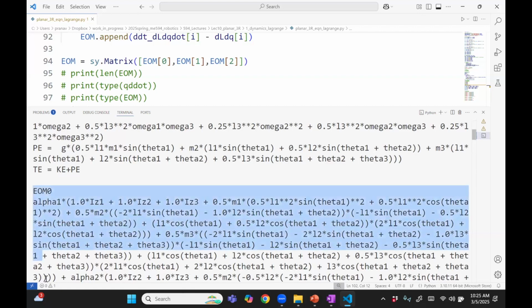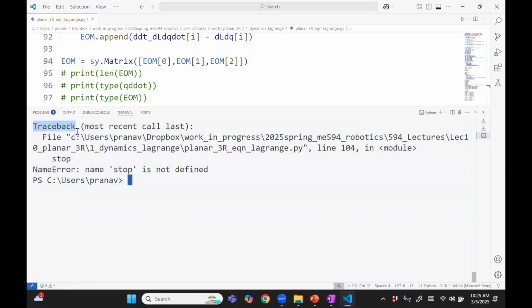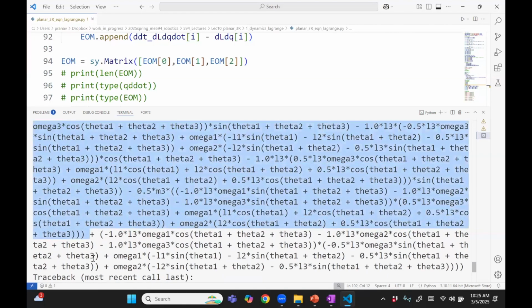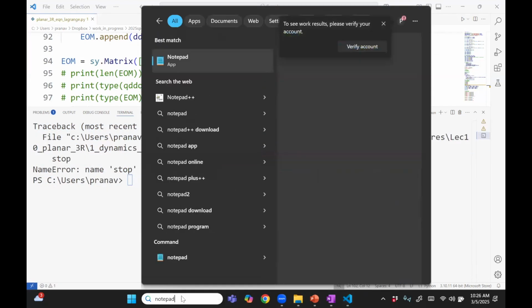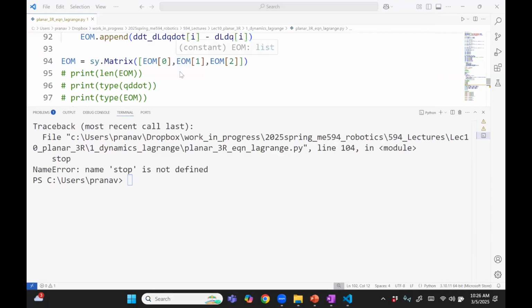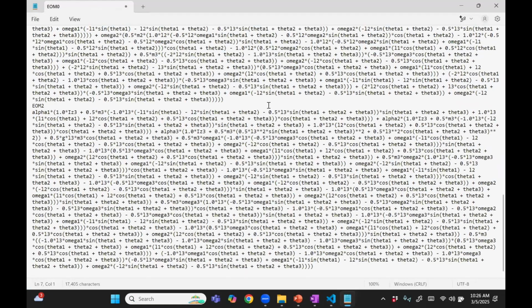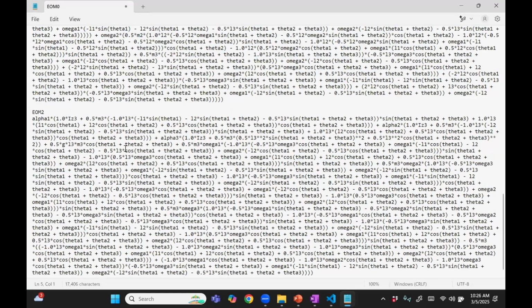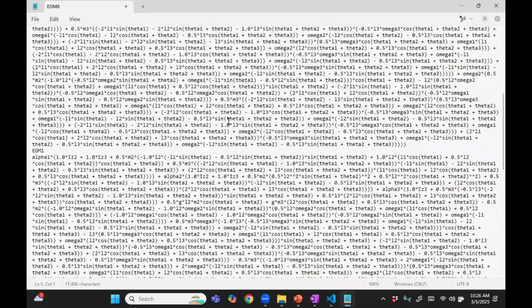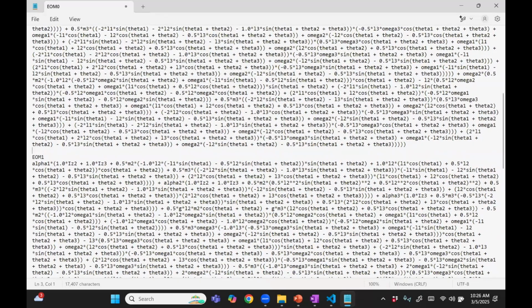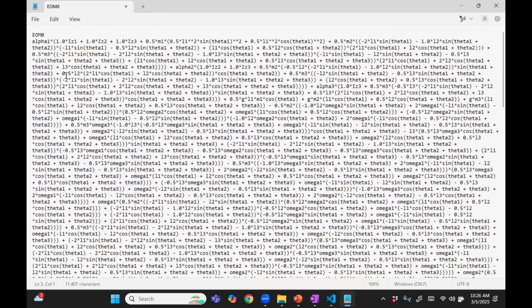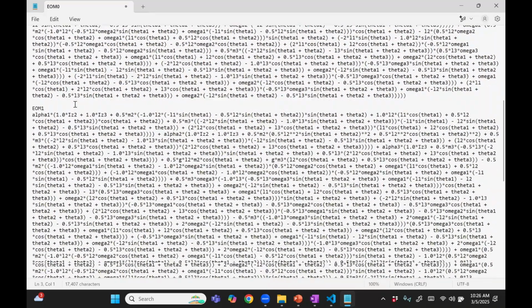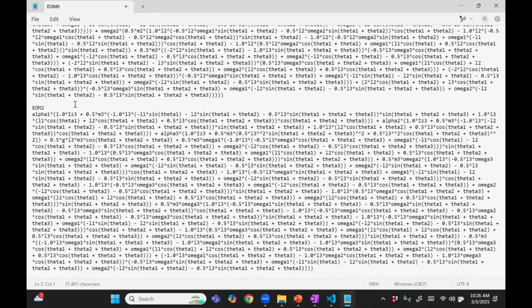Let's copy that. Okay, so this is EOM 2, EOM 1, and EOM 0. Okay, so just 3 links.